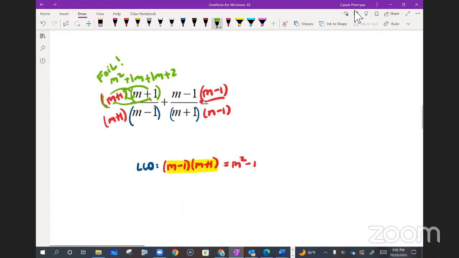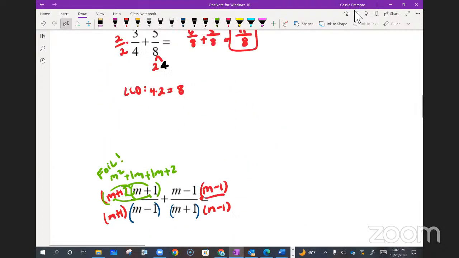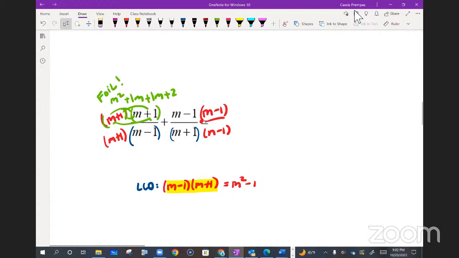Now this is getting kind of crammed, so I'm going to do the same thing that I did in the above example. I'm going to show what the numerator simplifies to, which is currently over my common denominator, m plus 1, m minus 1. And as I'm simplifying this, the only piece I can see when I FOILed is 1m plus 1m is 2m.